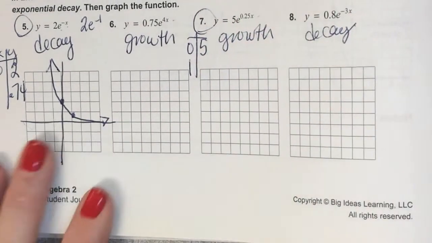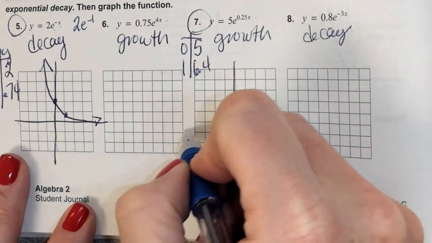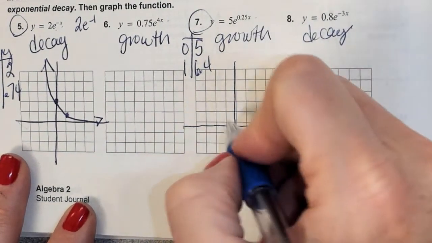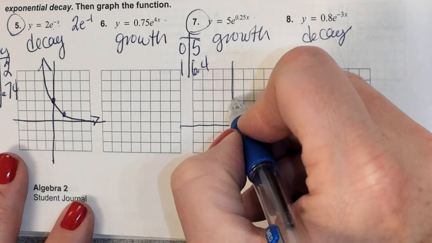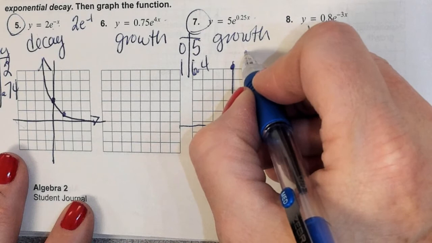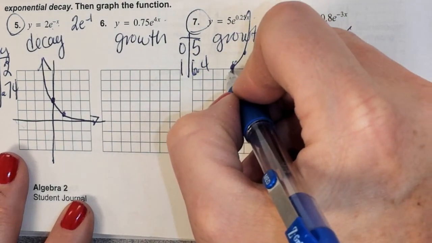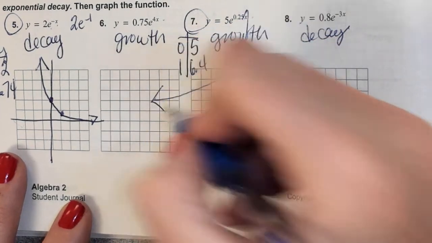And that gives us 6.4. And then we can just plot the points. And guys, this is all you have to do on your homework too. When they make you plot these, you can just do quick sketches, just like I am. Something like that.